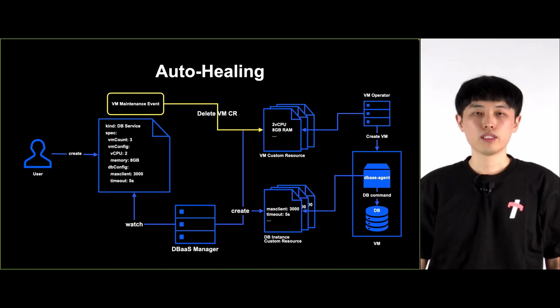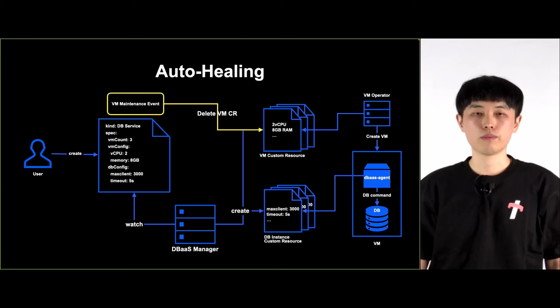So first we need to receive an event for auto healing, and the event can be received in various ways. In particular, we can monitor the DB status within the node. However, if we make a mistake in the monitoring of the DB, there can be a large-scale auto healing leading to a large-scale system fault.